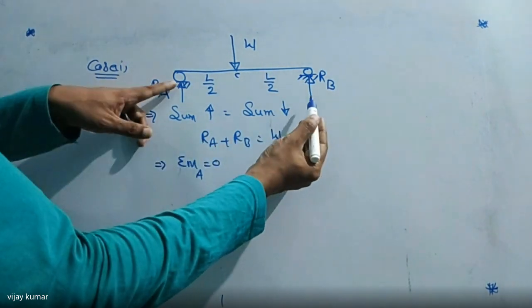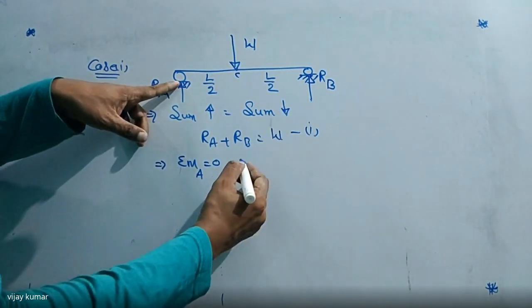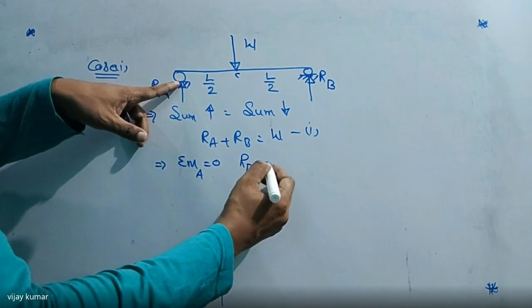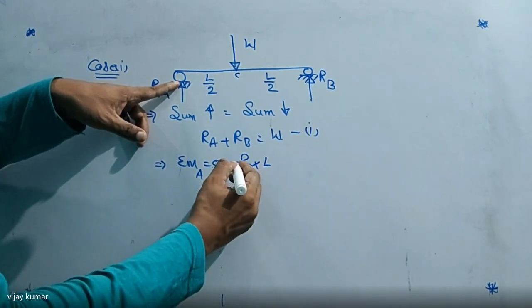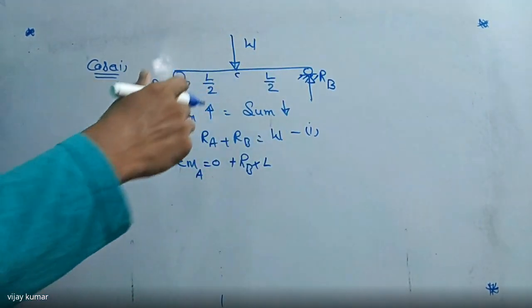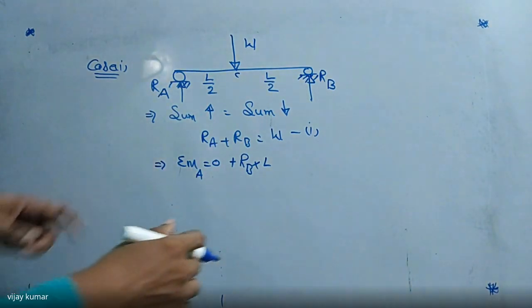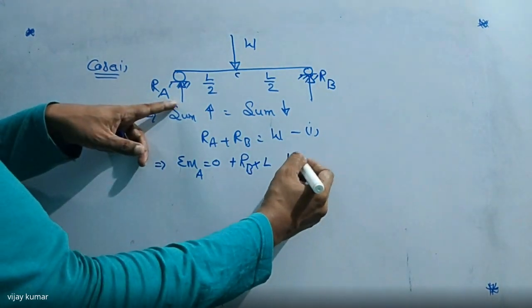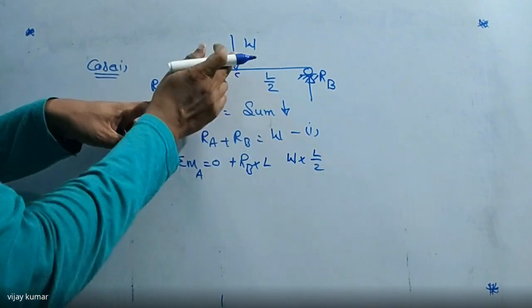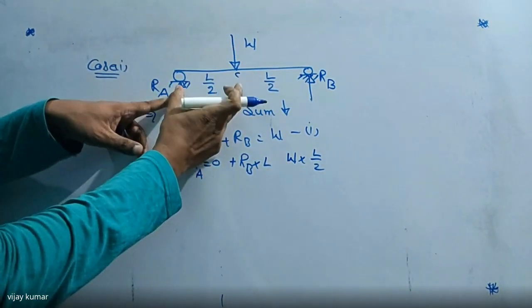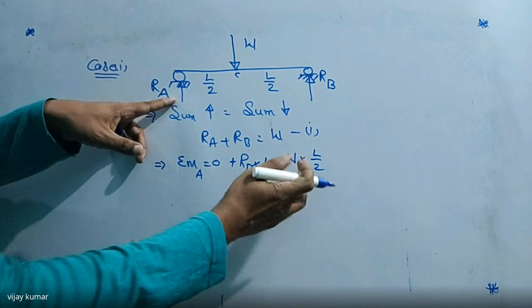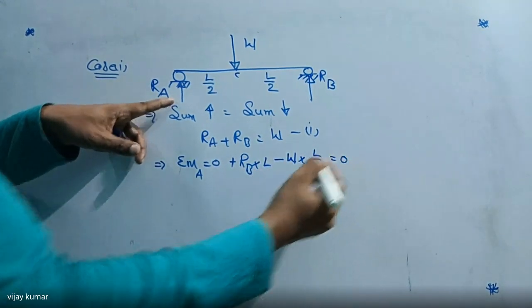Then what is the moment of RB here? That is RB into the total length L. That is positive, because it is in the anti-clockwise direction. And W into L by 2: this is the force and this is the distance, which is negative, and the sum must be equal to 0.